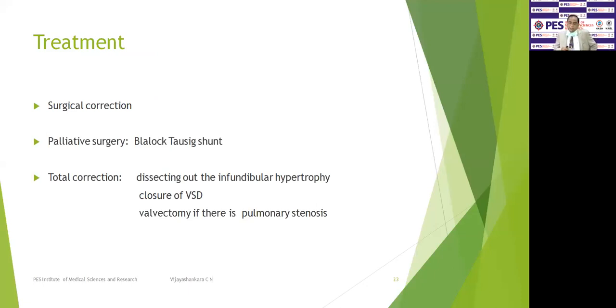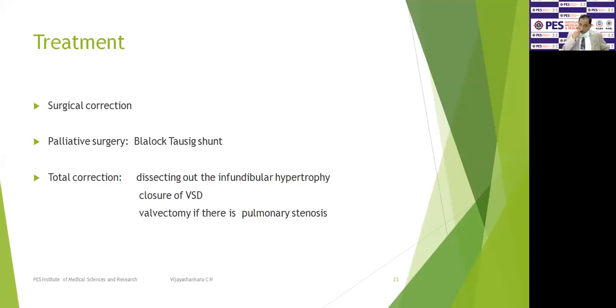So you create an artificial shunt between the systemic circulation and the pulmonary circulation. From the arch of the aorta or from the descending aorta to the left pulmonary artery, you make a shunt, which is called the Blalock-Taussig shunt, and it has been the palliative surgery for many years now.